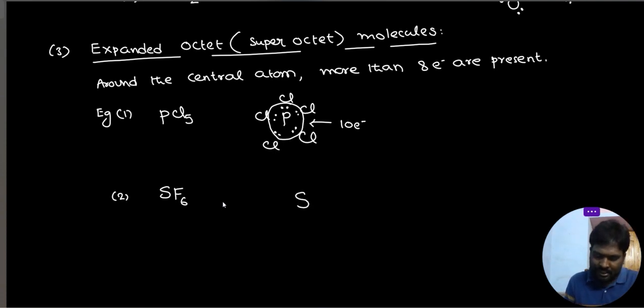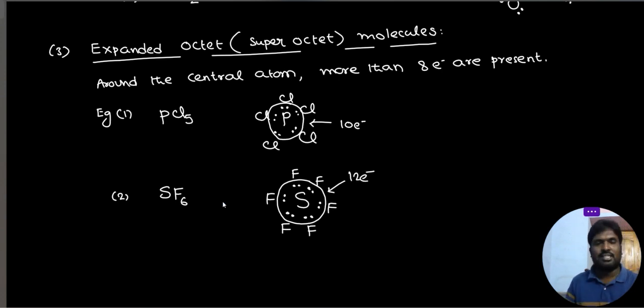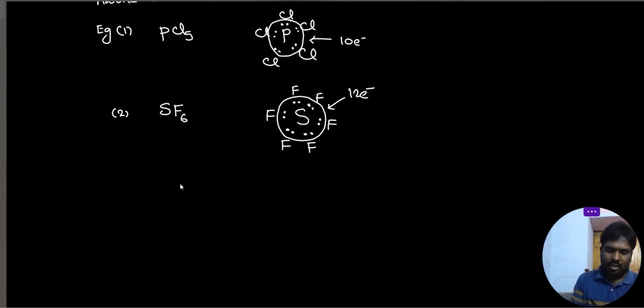Example 2, SF6. Around the sulfur, 6 fluorine atoms are there. Now, 6 twos are 12 electrons, more than 8 electrons. Now coming to IF7.